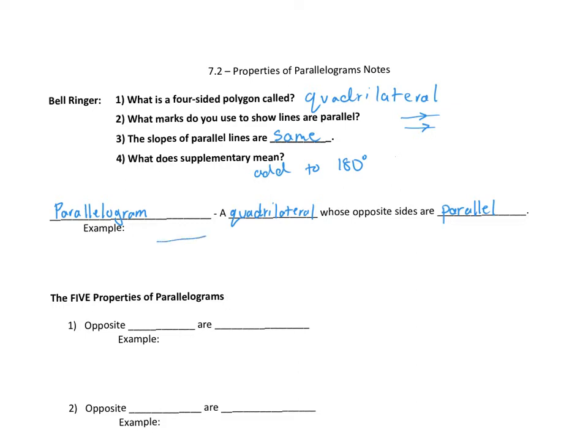So if I draw this, this is parallel to this, and these, I'm going to make two arrow marks, are parallel to those. If I call this A, B, C, D, AB is parallel to DC. AD is parallel to BC.